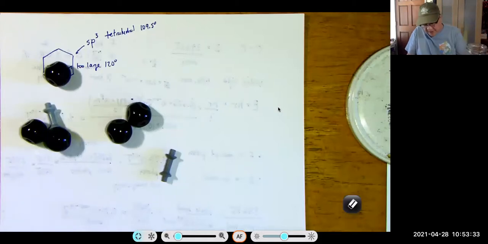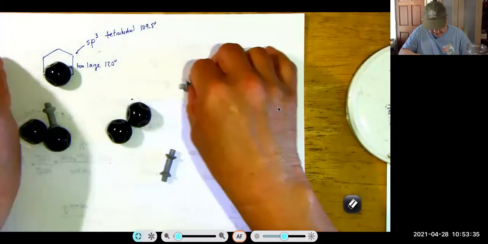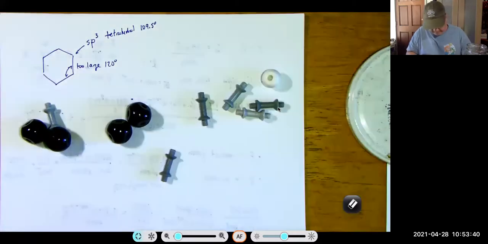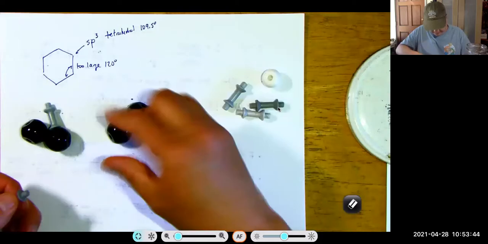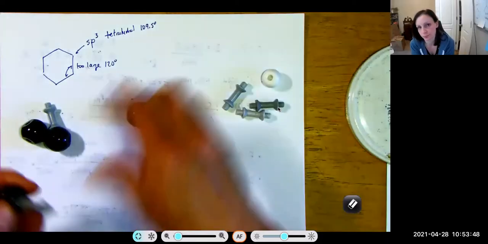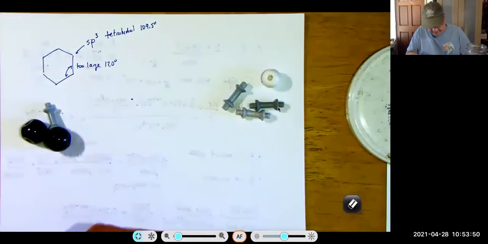And I'm going to bond them together into a ring of 6 carbons. Going to make the bond strained, right? I'm going to make this flat, like the drawing.